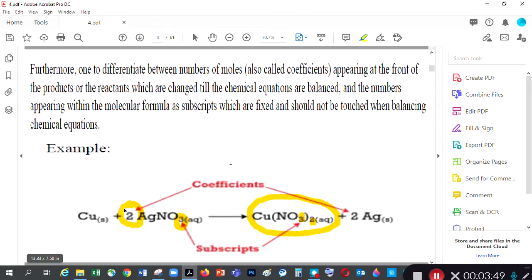We are always balancing what? The number of moles, or coefficients. We change them until the number of atoms at the reactant side is balanced with the product side, but by all means we do not touch the subscripts, which are part of the molecular formula.